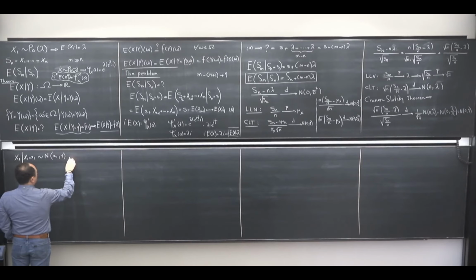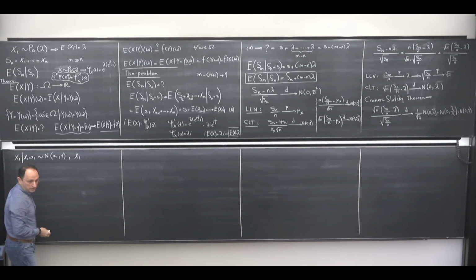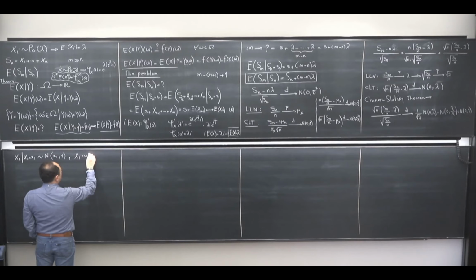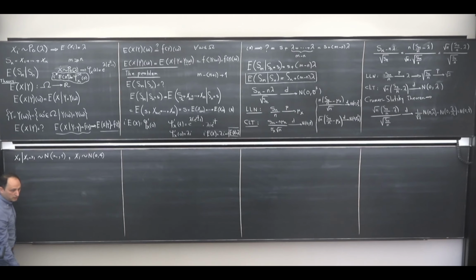We also know that x1 itself is also normally distributed with mean 0 and variance 4. Part A, we are supposed to find this expectation value.